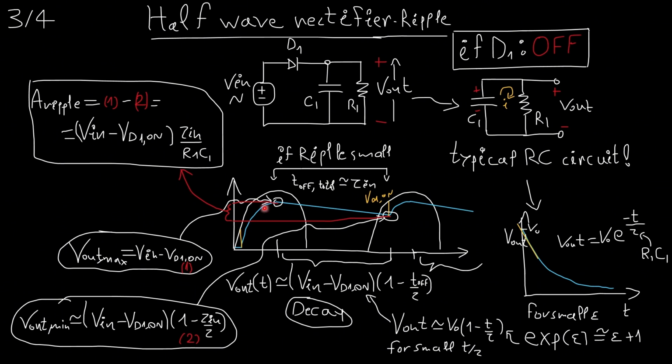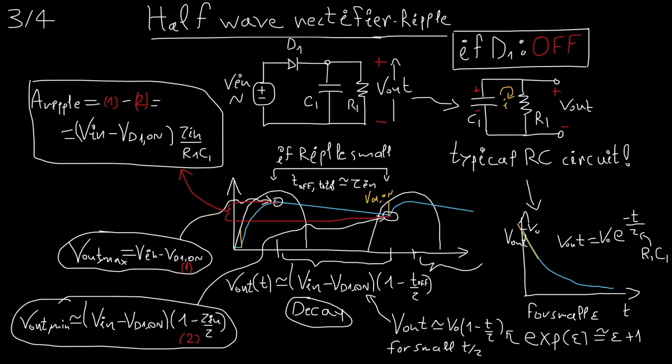It says to us that I can meaningfully measure the size from here to here just by knowing the input signal's amplitude, the turn-on voltage of the diode, the frequency of the input signal, and the characteristics of the load and the capacitance of this configuration. We want to reduce it obviously to simulate DC properly.